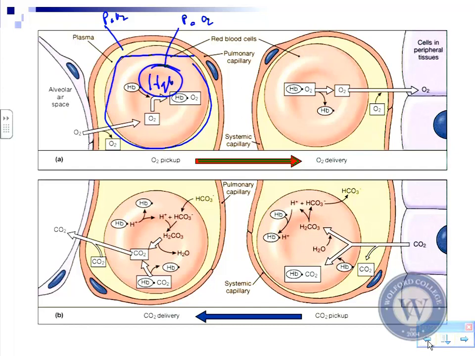Now, the oxygen binds to it, basically binds to the ferrous component, and then it transfers downstream based on cardiac output to eventually get to the tissue level. At the tissue level, they're low on oxygen, so they begin to pull the oxygen out simply by diffusion again, because you're going down a gradient.